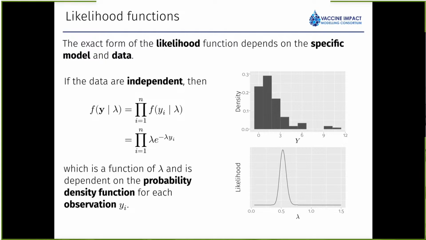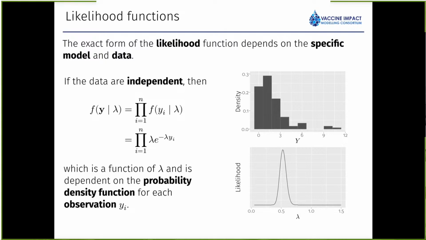And if you remember back to the probability lectures that Andrew did, and also what you've seen in the stochastic simulation algorithm, this form here is the probability density function for an exponential. So if they're all exponential and they all have the same shared parameter, then the likelihood is just a product of the density functions evaluated at each of my observations.